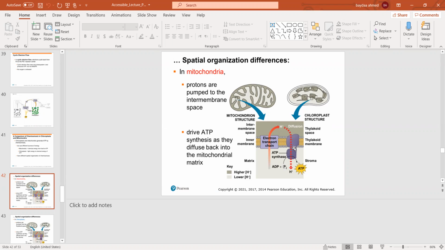The protons then diffuse back across the membrane through ATP synthase, driving the synthesis of ATP. Electron transport chain proteins in the inner membrane of the mitochondria pump protons from the mitochondrial matrix out to the intermembrane space, which then serves as a reservoir of hydrogen ions.